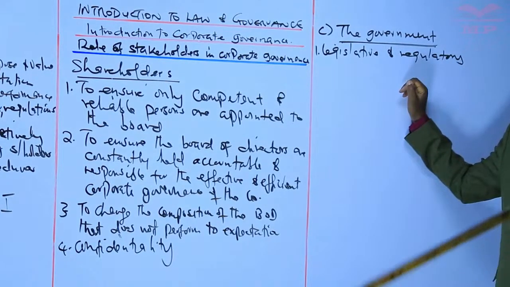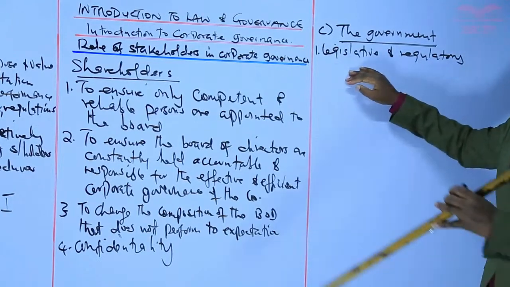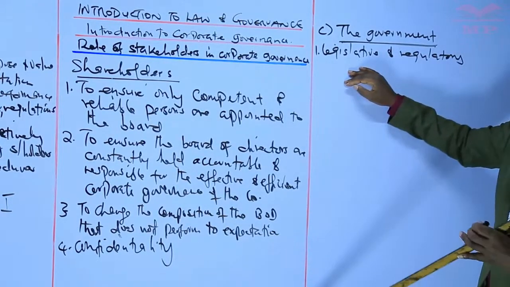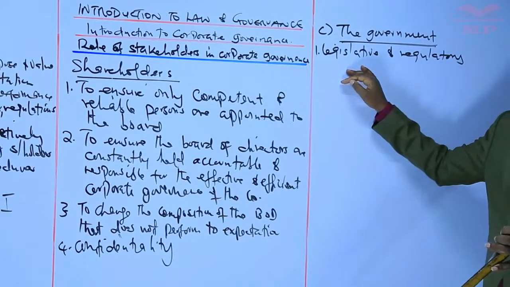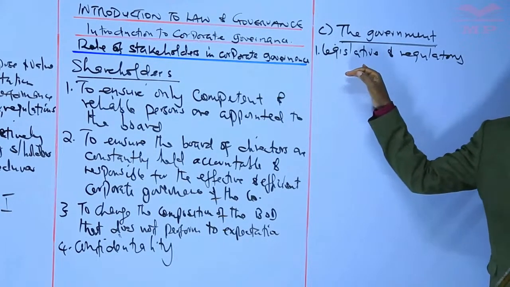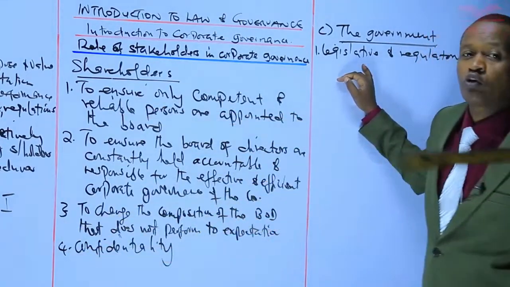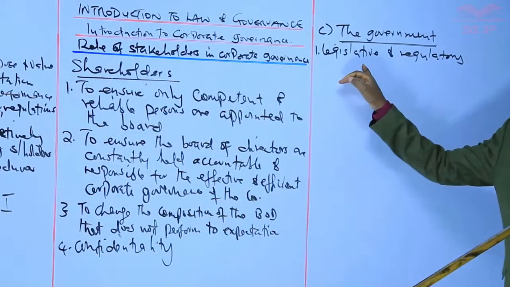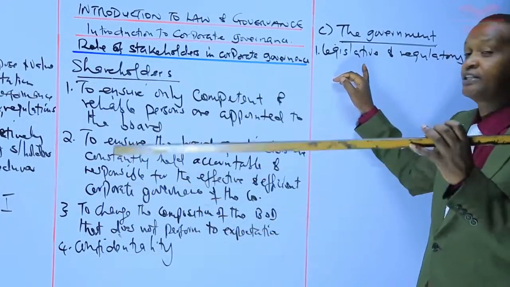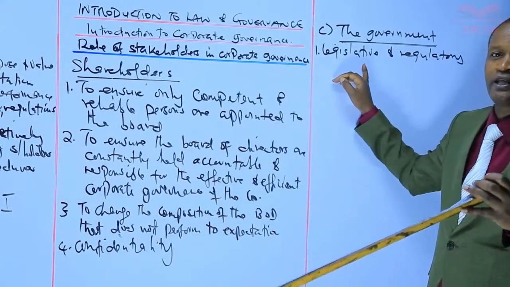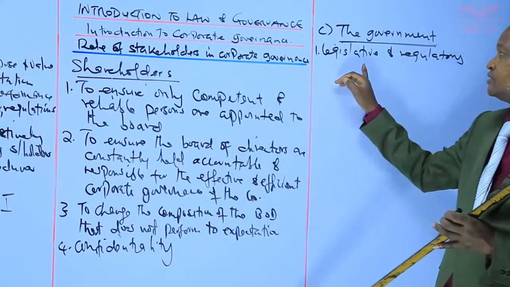So legislation ensures fairness, legislation ensures a level playing field, legislation ensures transparency in business dealings, and that is very important. It's an important tenet of corporate governance. Transparency, disclosure and transparency is a key component, is a key tenet of good corporate governance.